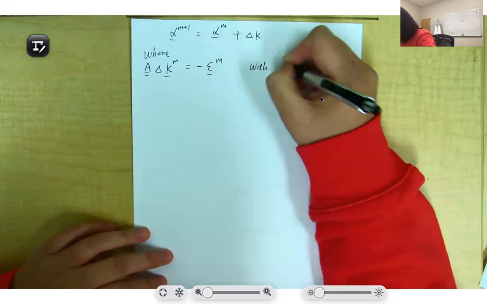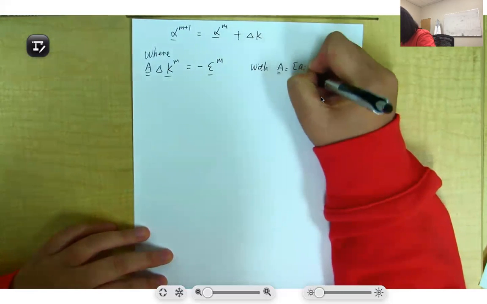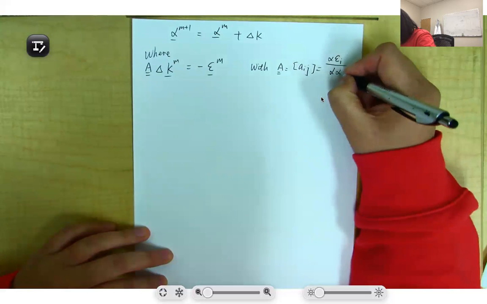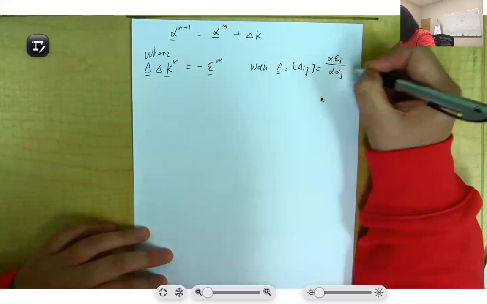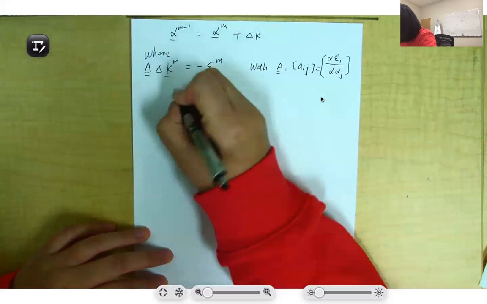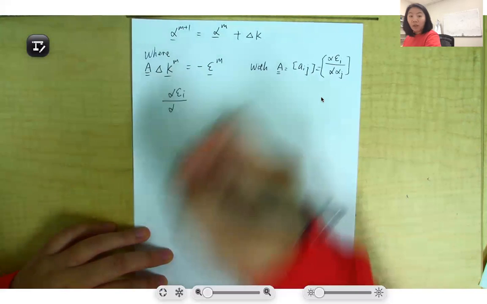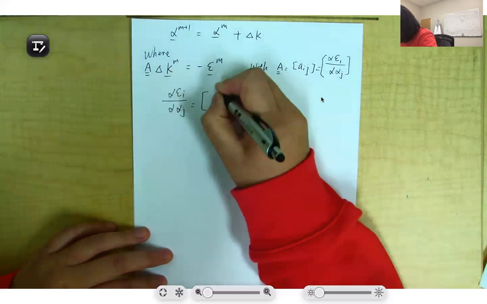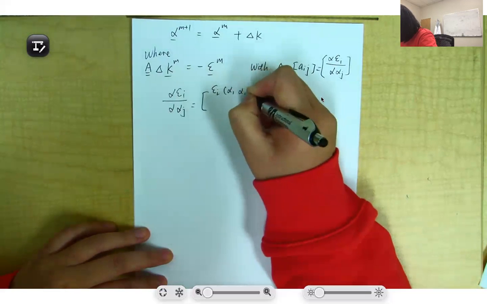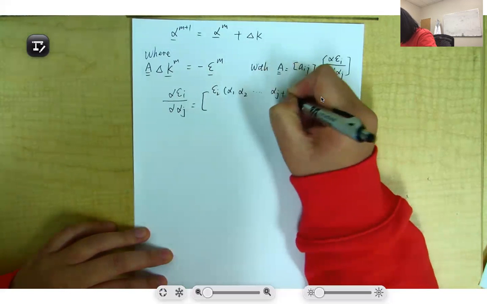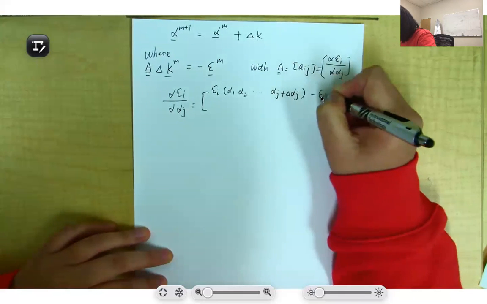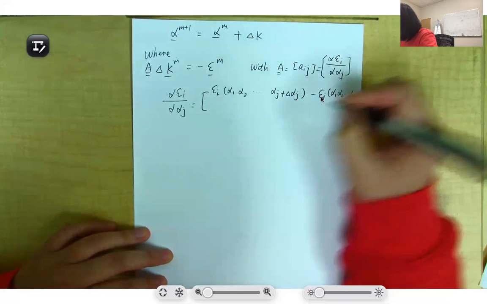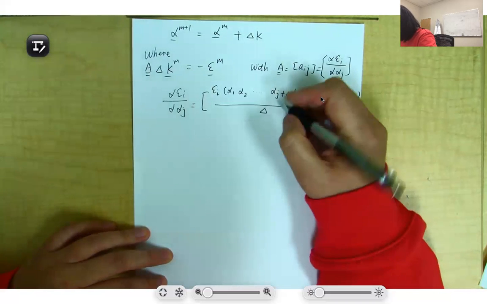With this A, A_ij equals the partial derivative of epsilon_i with respect to alpha_j. This error analysis is based on the slope of the error as a function of your guess: the partial derivative is epsilon_i at alpha_1, alpha_2, up to alpha_j plus delta alpha_j, up to alpha_n, minus epsilon_i at the current alpha, divided by delta alpha_j.